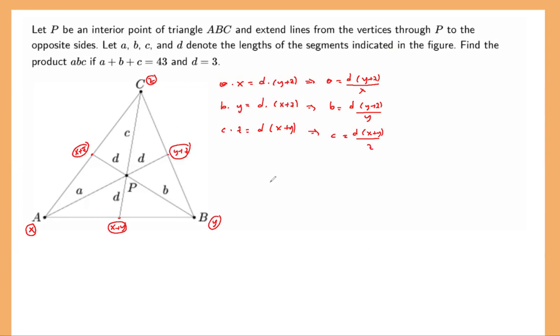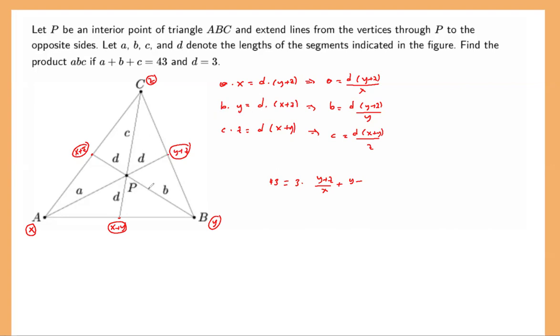So let's go ahead and write that. 43 is equal to, when you look, D is common, so we can pull D out as a factor, which is actually given as 3. So we can replace. So 3 times Y plus Z over X, plus, this was X plus Z, right? Let me double check.